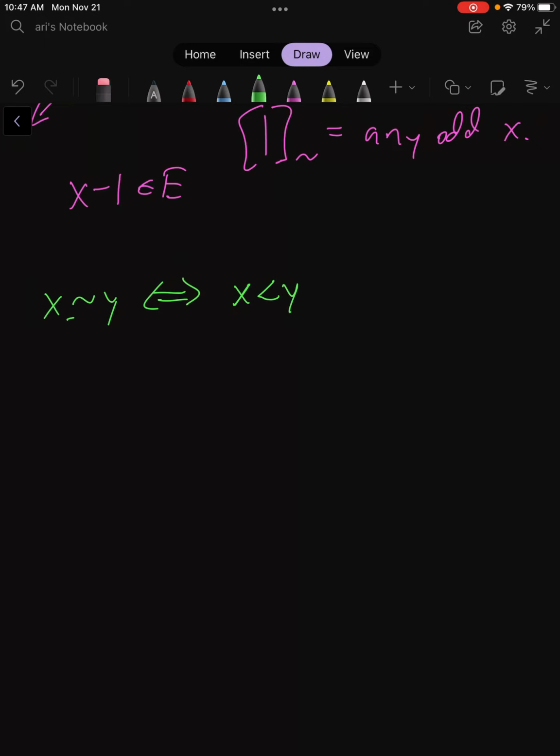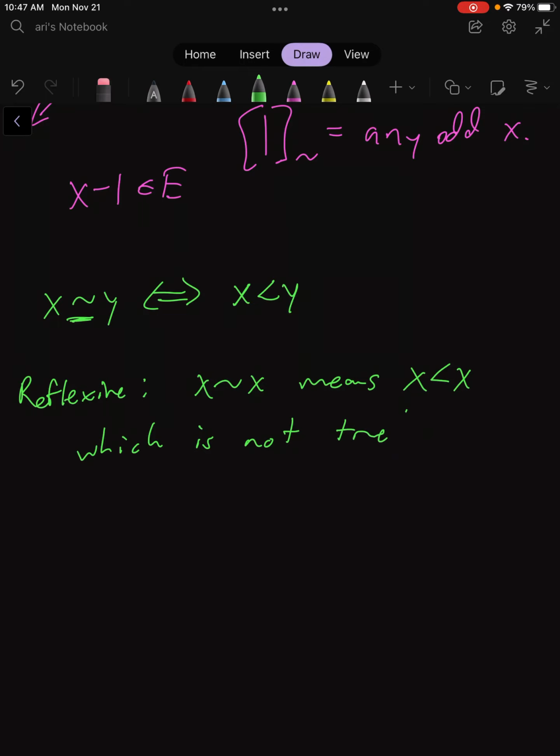That's what our relationship is, that x tilde y is true as long as x is less than y. Then if we try to show that it's reflexive, x tilde x means x is less than x, which is not true. So tilde is not reflexive.